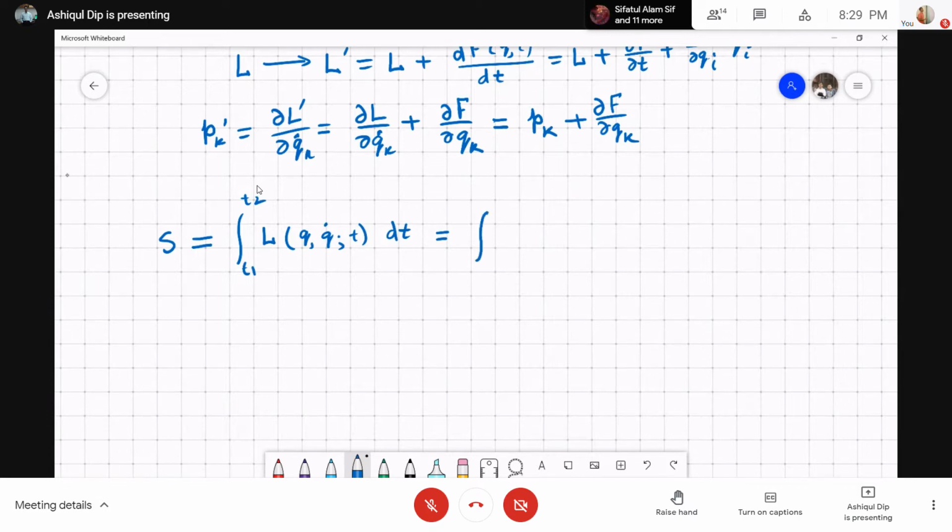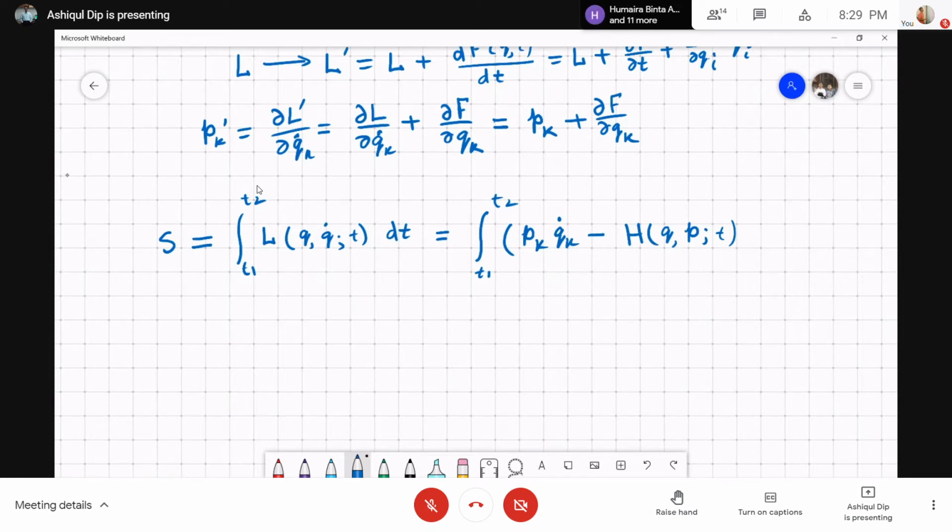So in terms of Hamiltonian, it would be the integration from T1 up to T2, and instead of L we write PK QK dot, like we saw last day, minus H, which is a function of Q, P, and most possibly T. Remember, when I write Q dot and T inside the parenthesis, it means the Lagrangian is dependent on all coordinates, most possibly, and is a function of all velocities.